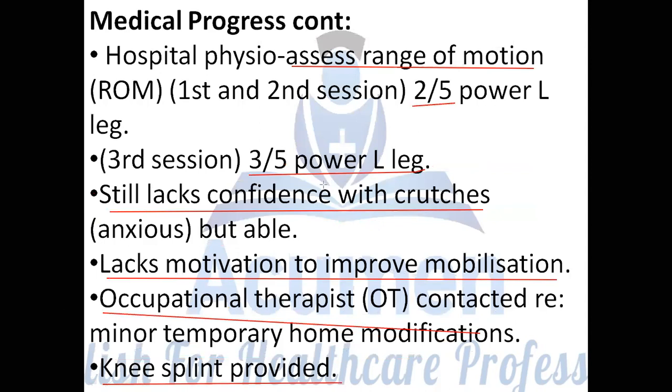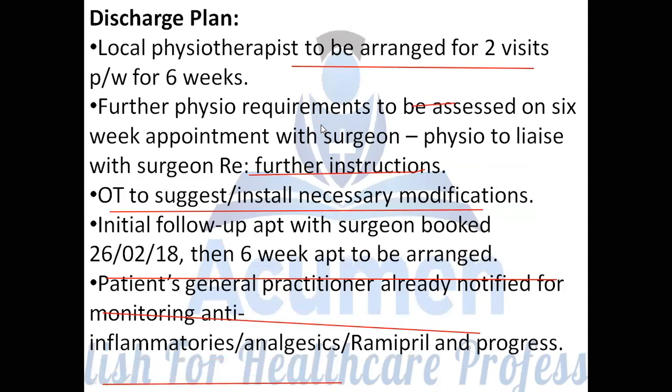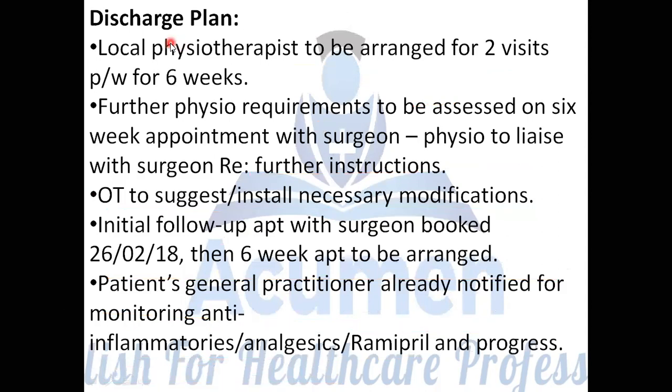Now, what is the physiotherapist supposed to do? So that is given in the discharge plan. Now, when you look at the discharge plan, don't think that everything that is there in the discharge plan is to be requested to that person. Look at carefully who is supposed to do what.